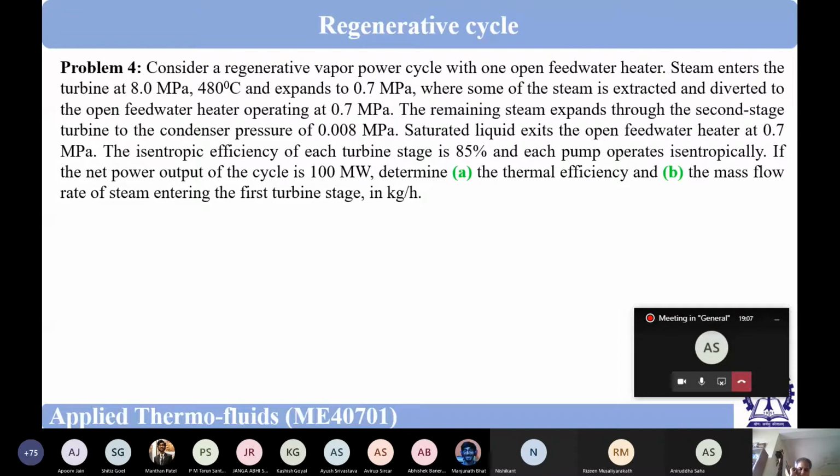If we do this problem, then more or less we will know how to do regenerative cycle problems. It's very basic, but a common kind of problem which most books of thermal power plant and thermodynamics discuss. So here we have shown the cycle.